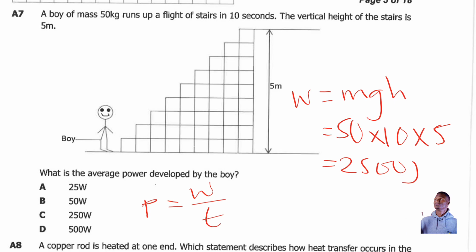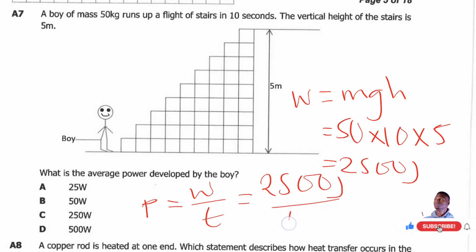Then, having calculated that, what is time? Time is 10 seconds. So let's substitute here. Work we've calculated is 2,500 joules over time 10 seconds.